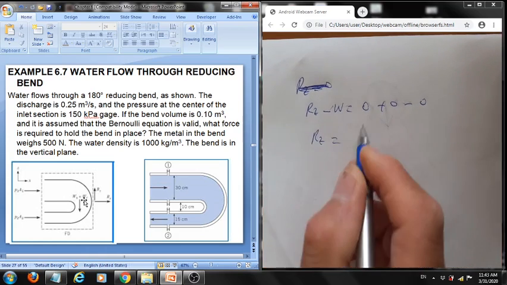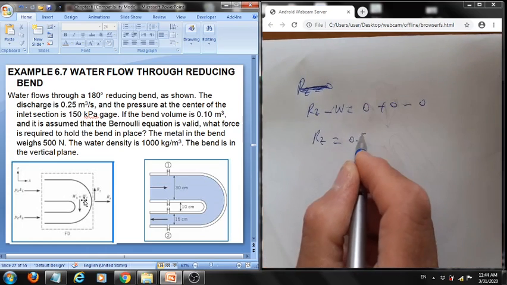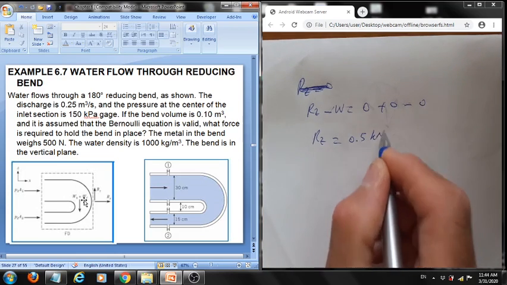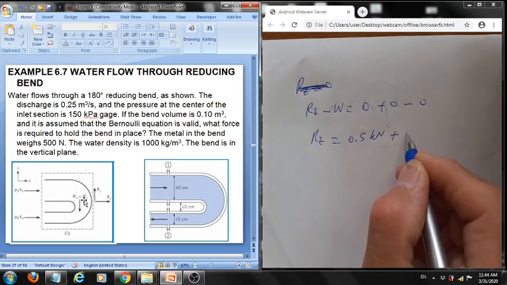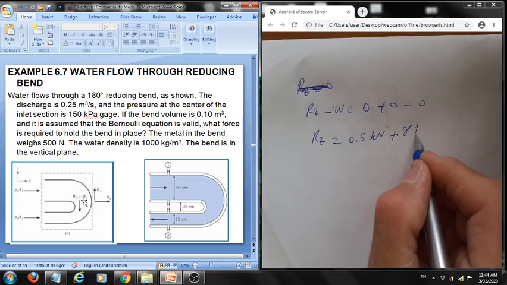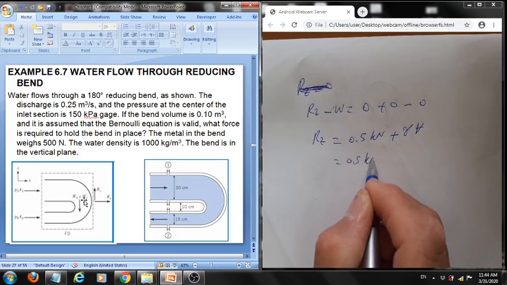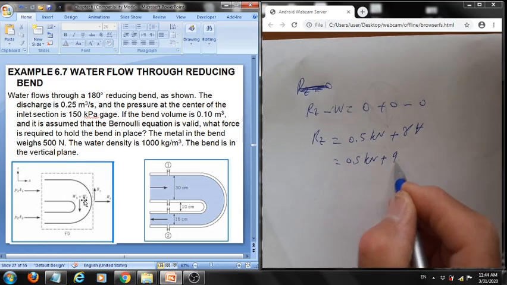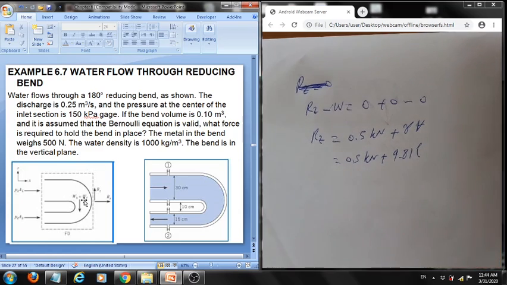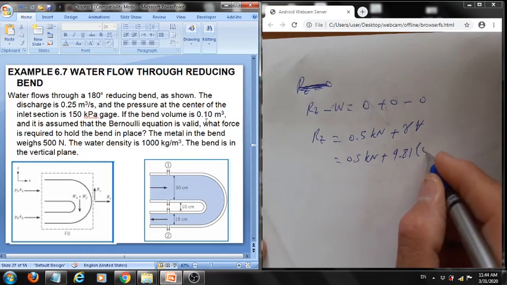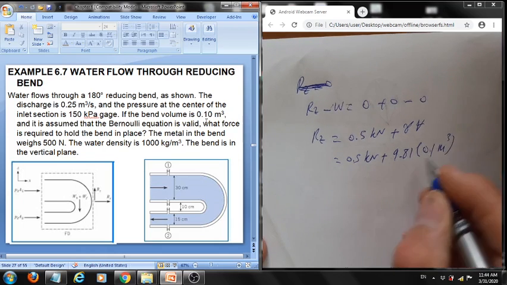Rz then is equal to the metal weight, which is 5 kilonewton, plus the weight of the fluid. So again, it's 0.5 kilonewton plus gamma, which for water is 9.81, multiplied by the volume. Its volume was given to us as a tenth of a cubic meter.